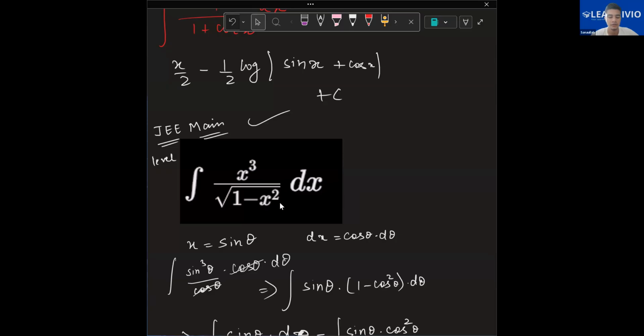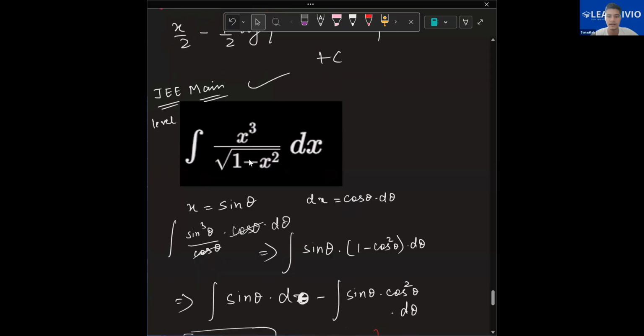But until or unless you know the concept of integration by parts, तो आपको तब तक substitution से चलना होगा. And substitution says that if you have a 1 minus x square inside your root, then your substitution for x will be either sine of theta or cos of theta so that your root can be eliminated, right?